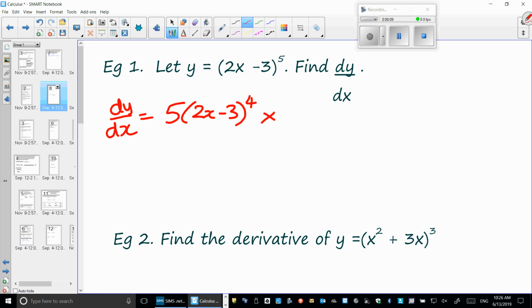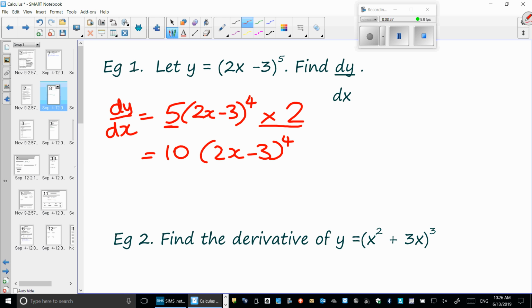Multiply that by the derivative of the thing in the bracket, which is just 2. And now in this case, because you've just got this 5 here and you're multiplying by 2, you would simplify that to be that.